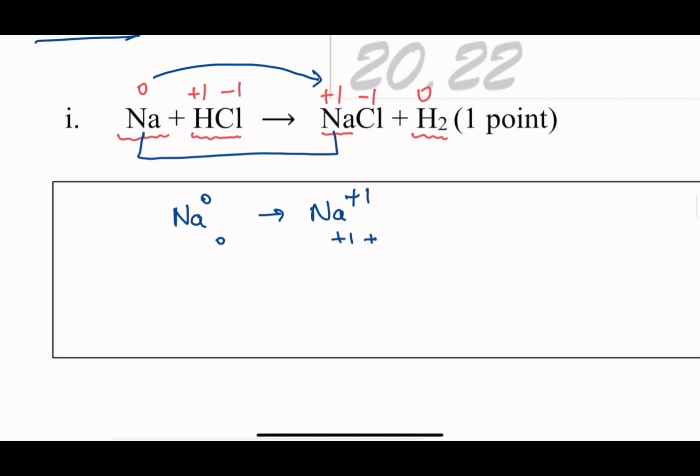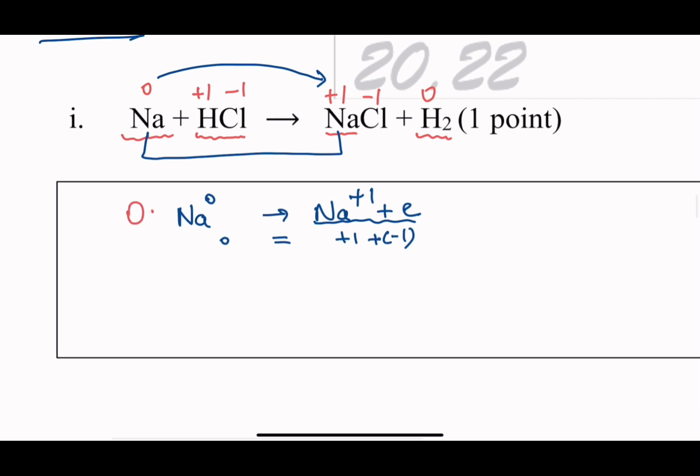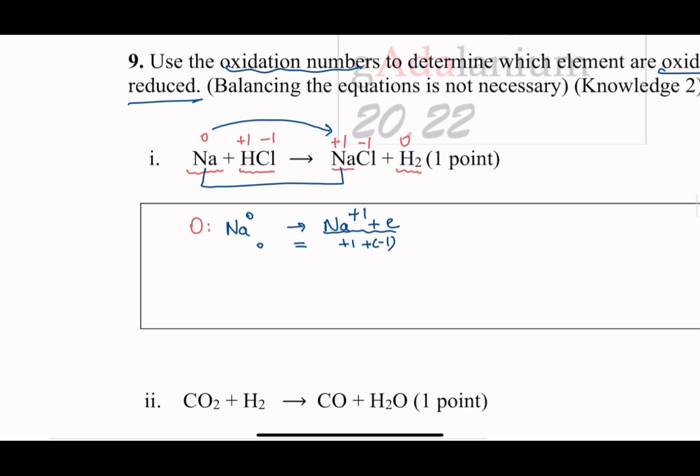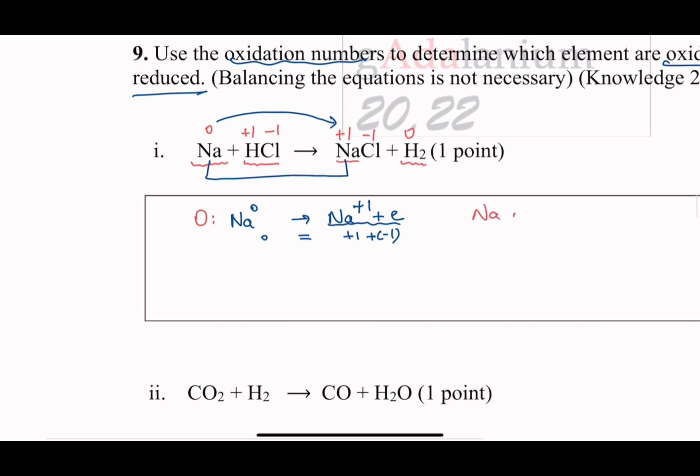If I add -1 on this side, this is going to be equal. So this -1 is 1 electron, and we know that an electron is lost as a product. Also our number went to a higher number. That's why it is oxidation. So sodium is oxidized.